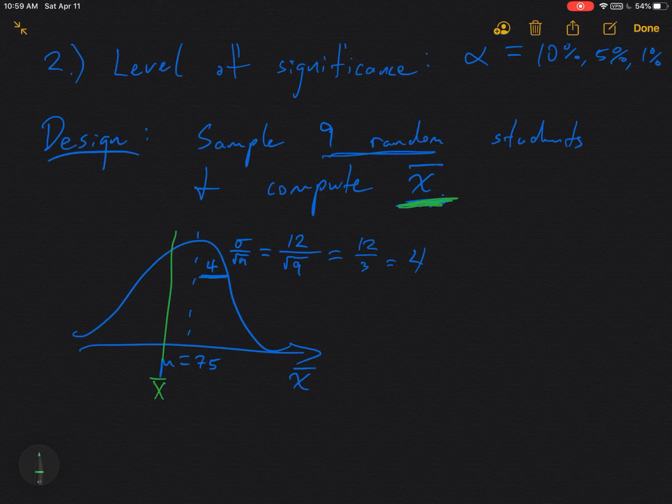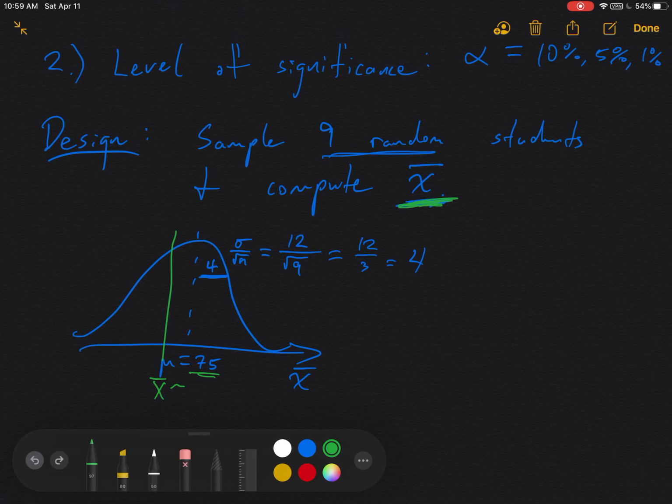In this case, I wouldn't be very confident in rejecting this null hypothesis. So here, because our sample mean is so close to the teacher's stated mean, I would not reject the null hypothesis. So maybe this X bar ends up being something like 74 points or whatever. These are so close together that I might just trust the teacher.